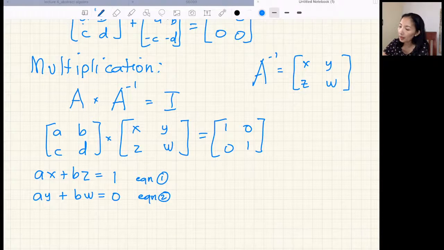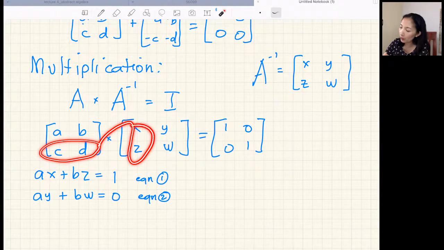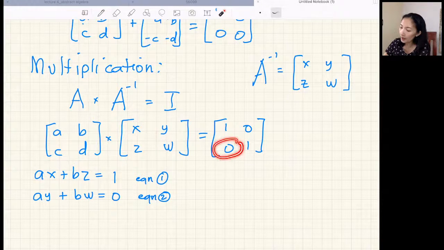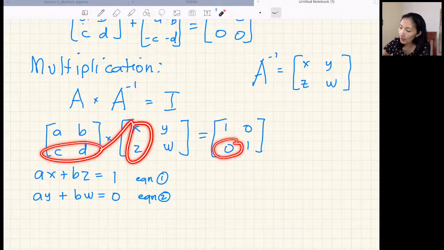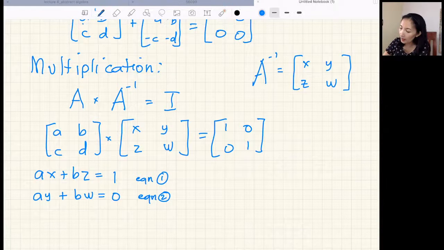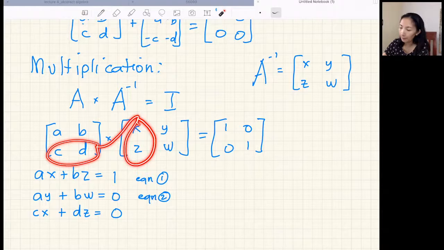Now, we proceed. Second row multiplied to the first column gives CX plus DZ, which should be equal to 0.